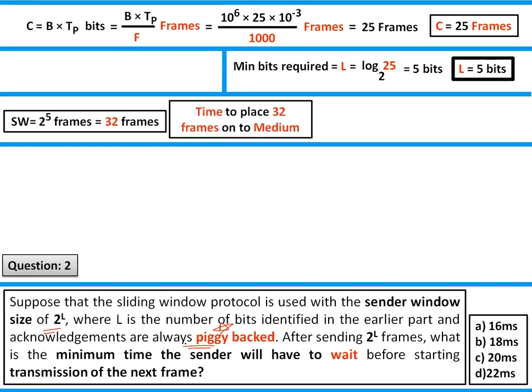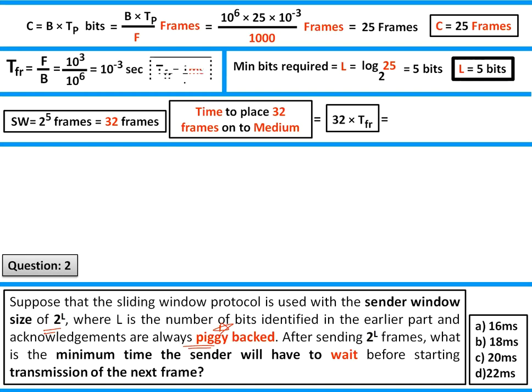The time to place 32 frames onto the medium will be 32 TFR. TFR is F by B, that will be 1 millisecond. So if the sender window size is 32 frames, how much time does it take to place all frames onto the medium? That will be 32 milliseconds. Very good. Now the buffer is full.